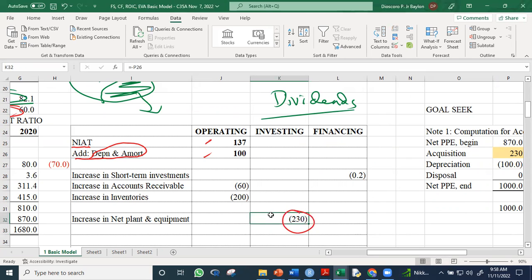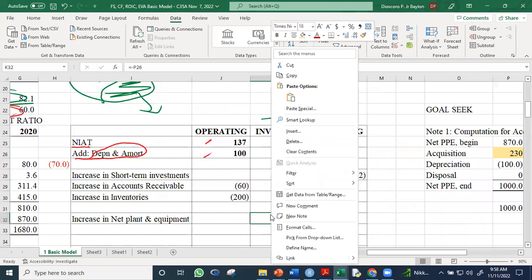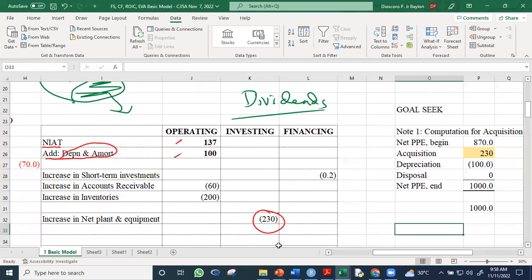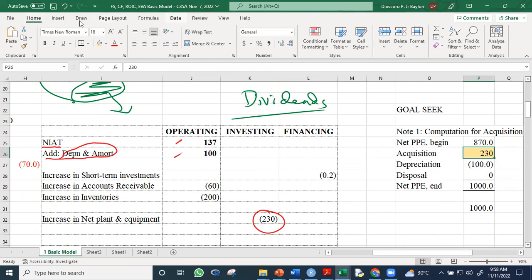And then perhaps we can put a comment here or a note. See note 1 for computation. Okay, let me add 1 decimal place here. Any questions so far, class?